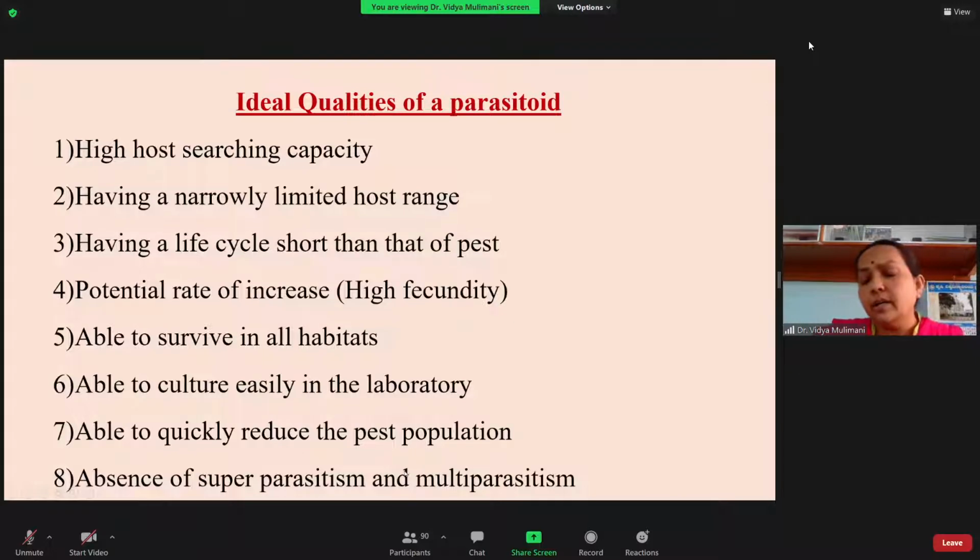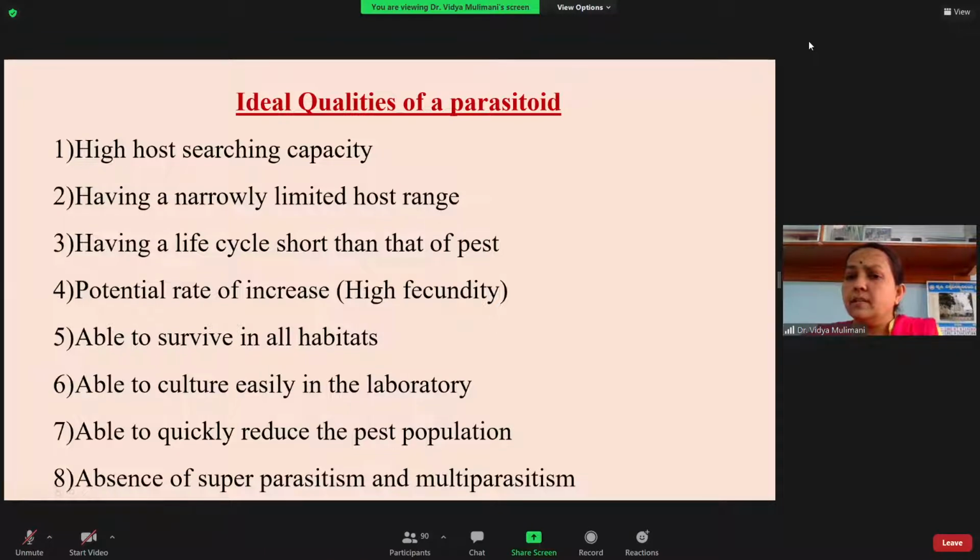It should be able to quickly suppress the pest population, and there should be an absence of super and multiparasitism. As I already told you, superparasitism is harmful to the primary parasitism.